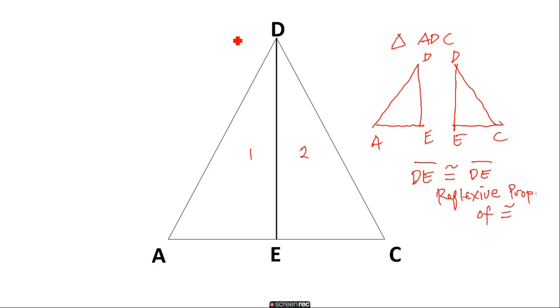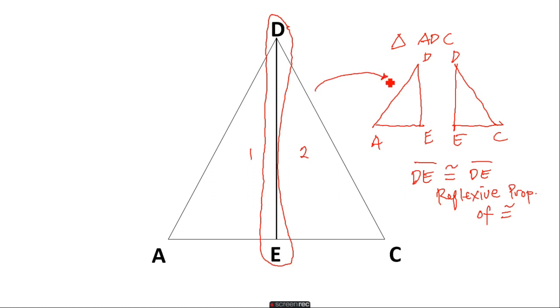Now, if we go back to this figure, join the triangles. We have DE here as the common side. If you split the two triangles, we have these two that are just the same sides. So this illustrates the reflexive property of congruence.